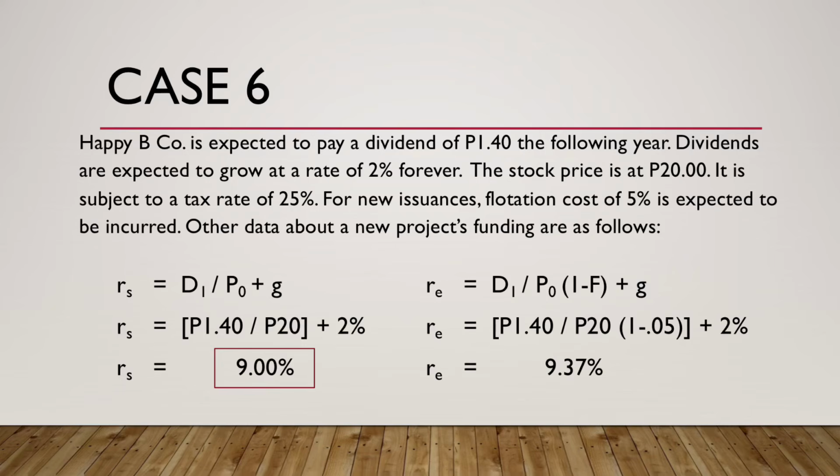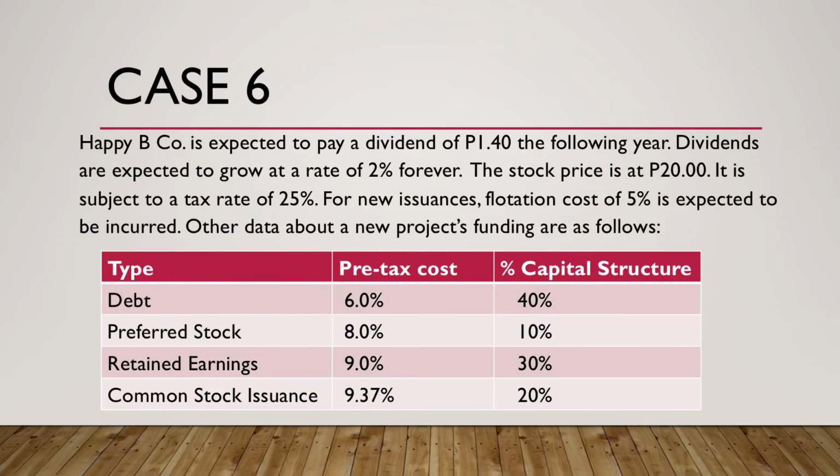The required rate of return on external equity is 9.37%. Thus, we now have all pre-tax costs. All we have to do is to adjust the pre-tax cost for debt for the tax rate. That's 1 minus 25%. Then afterwards, multiply each component by their corresponding proportion in the capital structure.